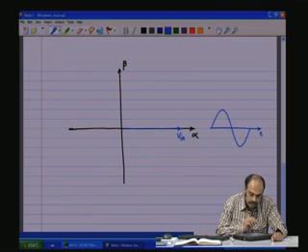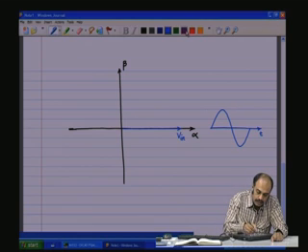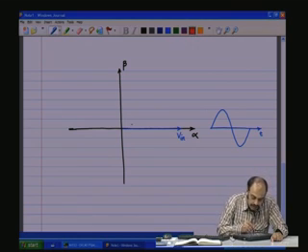Now, the currents. I could probably have a current which is in phase.